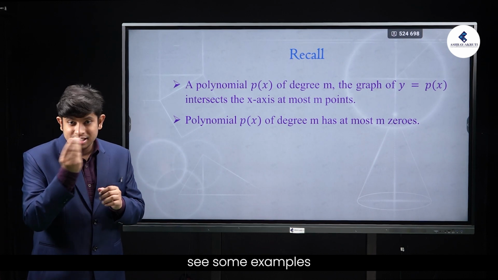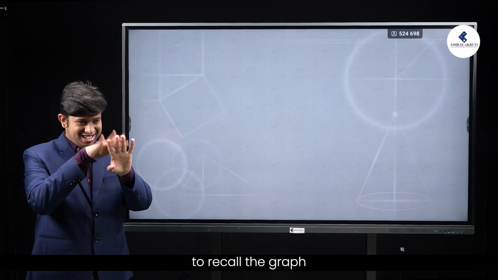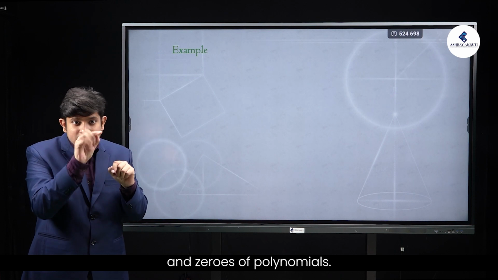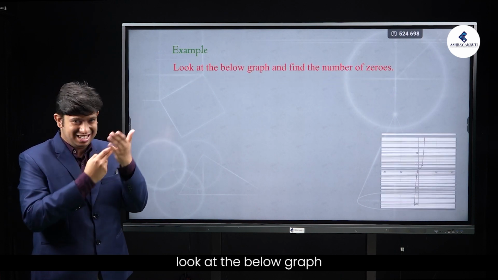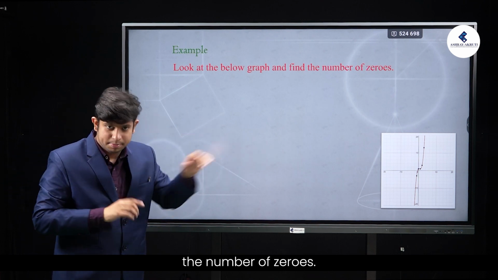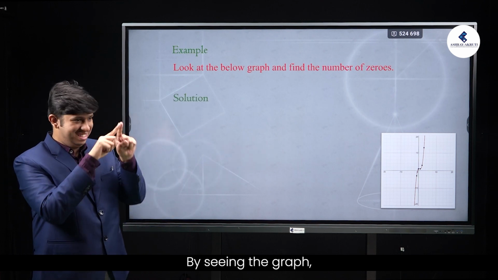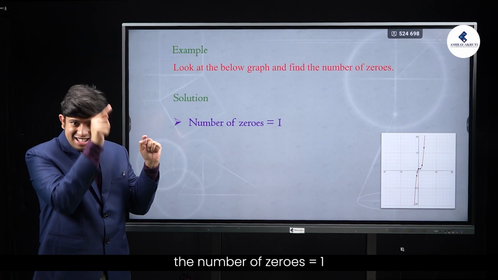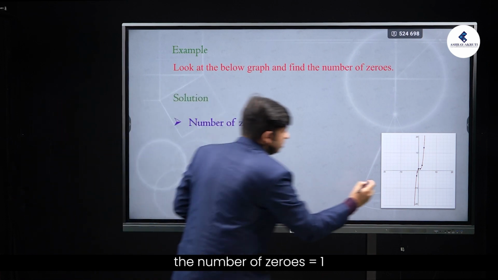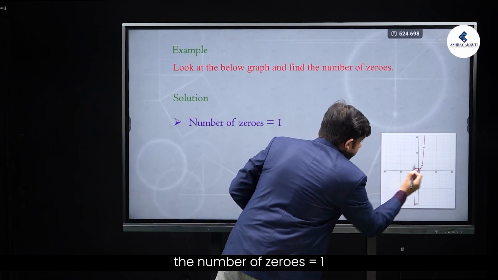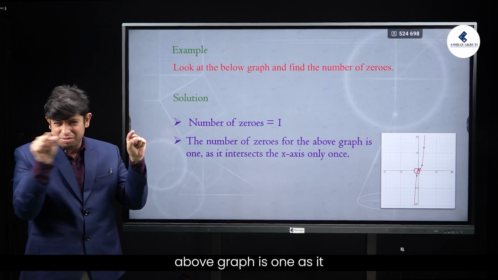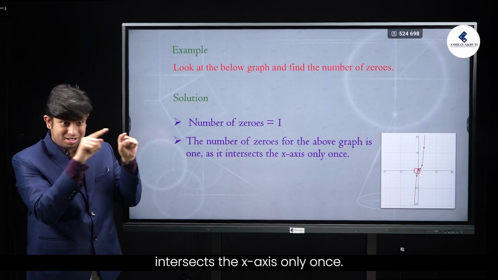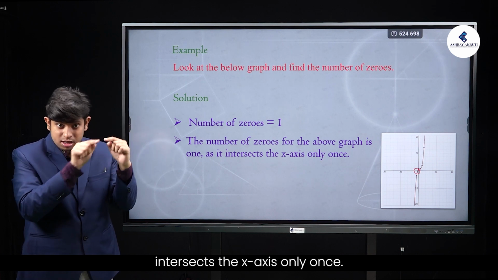Let us see some examples to recall the graphs and zeros of polynomials. Example: look at the below graph and find the number of zeros. Solution: by seeing the graph, we can say that the number of zeros is equal to 1, as it intersects x-axis only once.